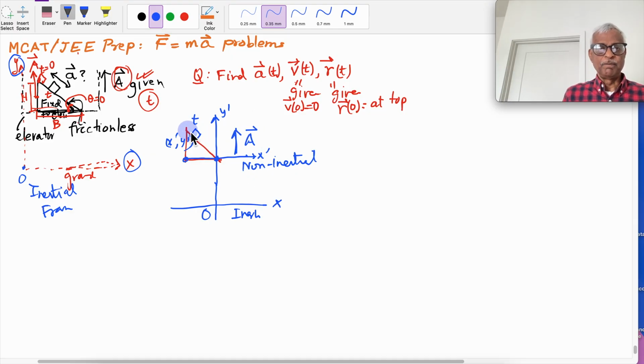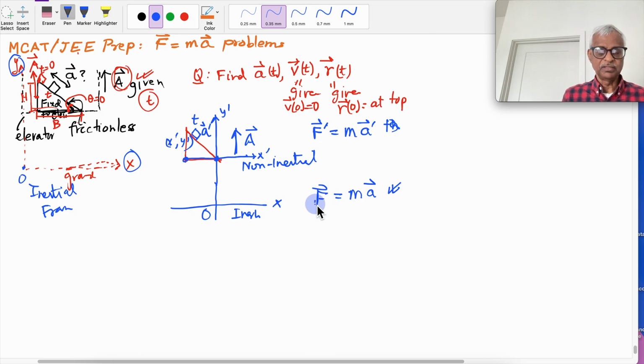So if you write F equals ma for this, so if you write, say here the acceleration is prime, so if you write F in the unprimed frame equals to mass times acceleration in the prime frame. So you can write like this, and suppose you write over here F in the inertial frame. So this is correct.